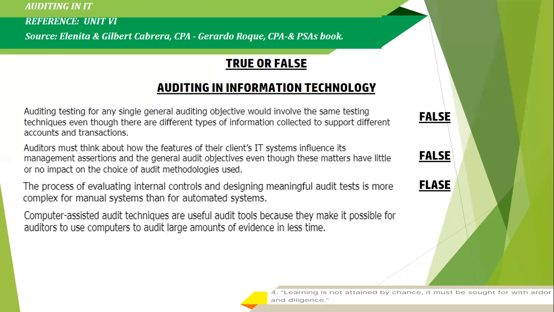Computer-assisted audit techniques are useful audit tools because they make it possible for auditors to use computers to audit large amount of evidence in less time. Is that correct, class? Using the CAAT, will our time be shorter? Can we immediately get what we want, especially evidence?